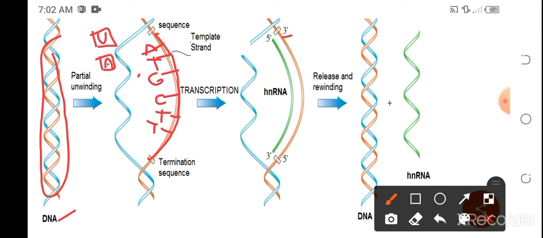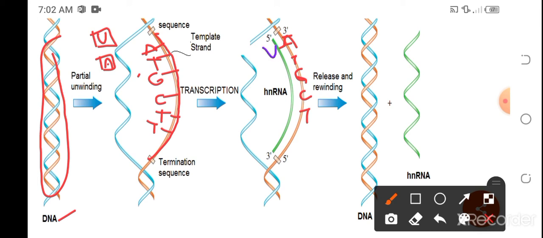So, dito, kunyari, if we have here still the A, T, G, C, and T, okay? So, the free ribonucleotides will base pair here. So, ito na yung makikibase pair with a hydrogen bond.